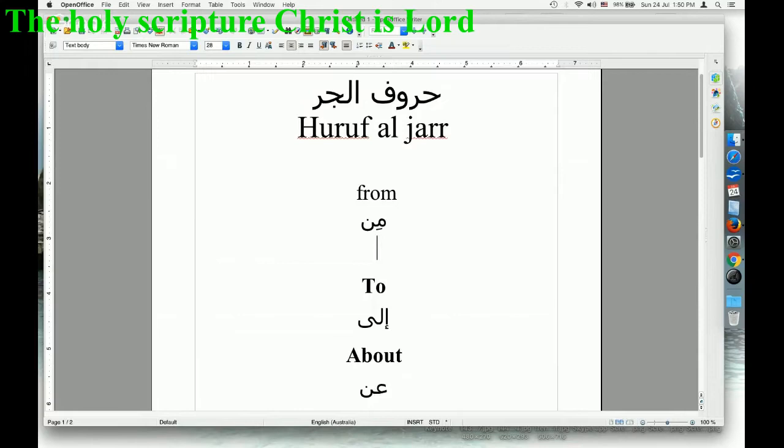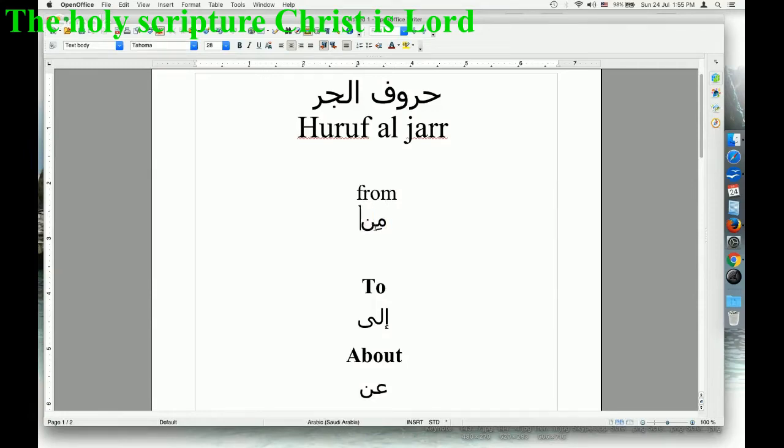All right. Now there are more things we will take later, but those are the most popular tools we need in the language. We start with the first one, which is equal to "from." This is how we pronounce it.